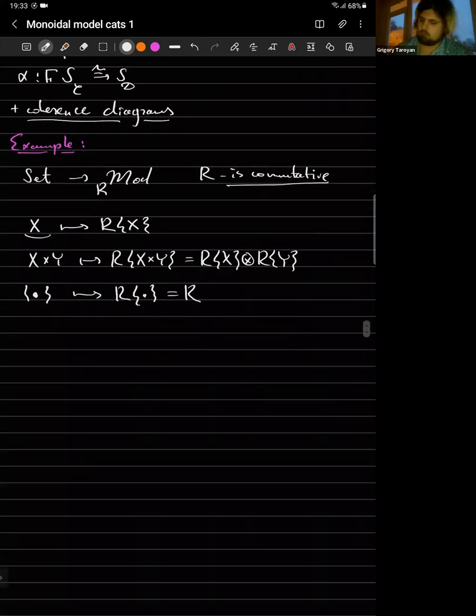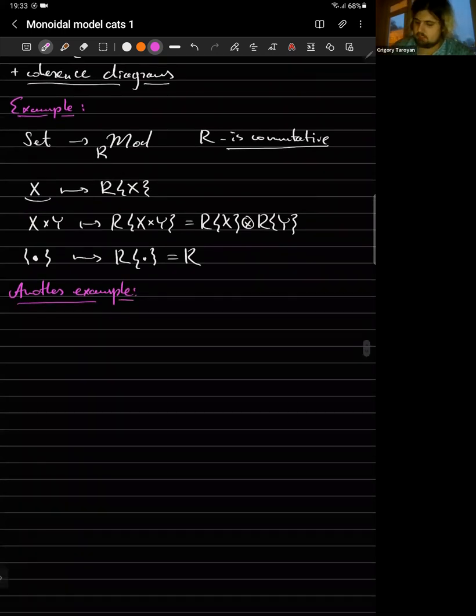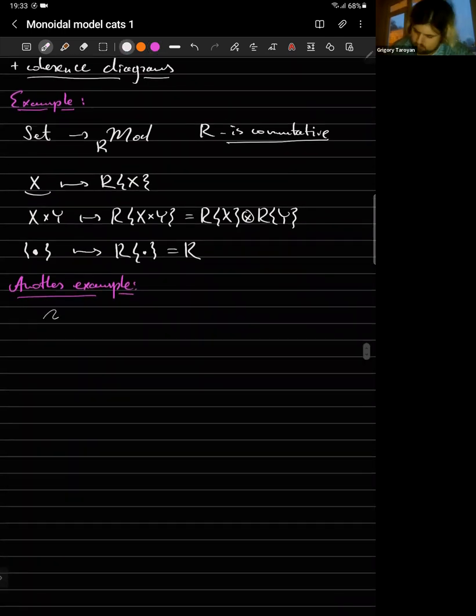Okay. So another example, which is familiar to us, comes from simplicial sets and topological spaces. So we may consider simplicial sets together with product operation, and we have geometric realization functor, which goes to compactly generated topological spaces.